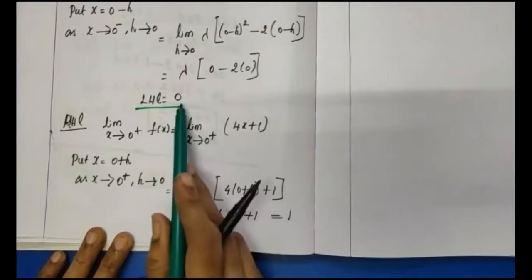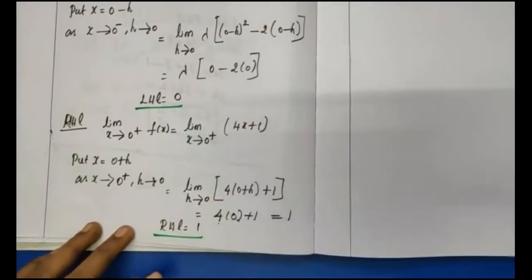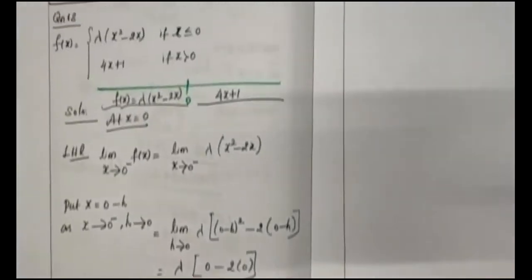So the left hand limit is 0 and the right hand limit is 1. They are not equal.